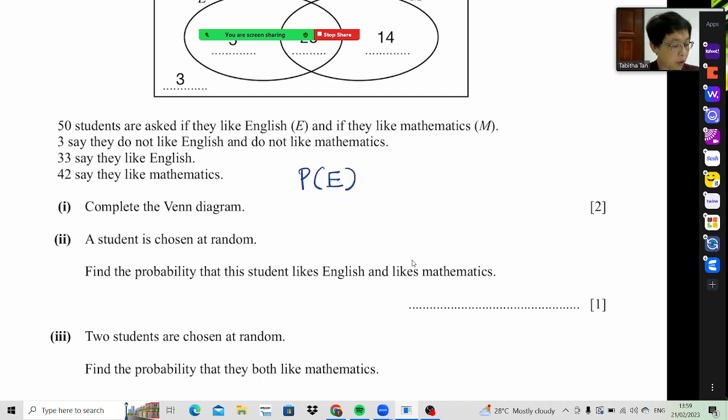In other words, we're going to choose one student randomly from the crowd of 50 students, and we want to find what are the chances, what is the probability that that student likes English. So we notate P(E), which simply means the probability of students who like English.